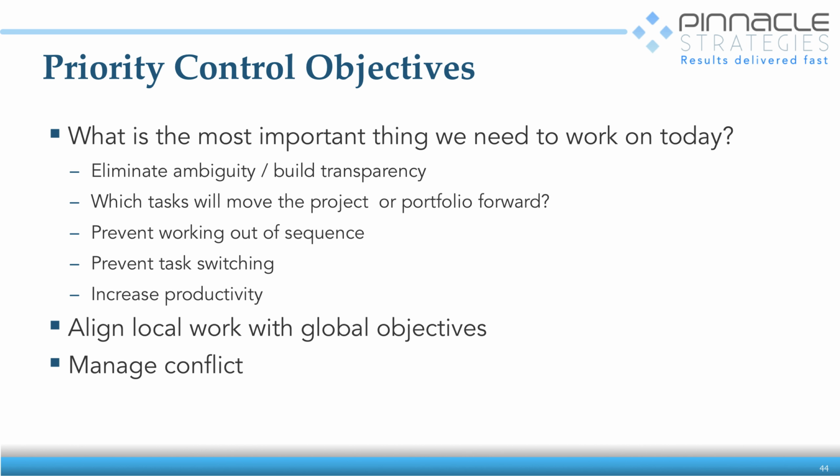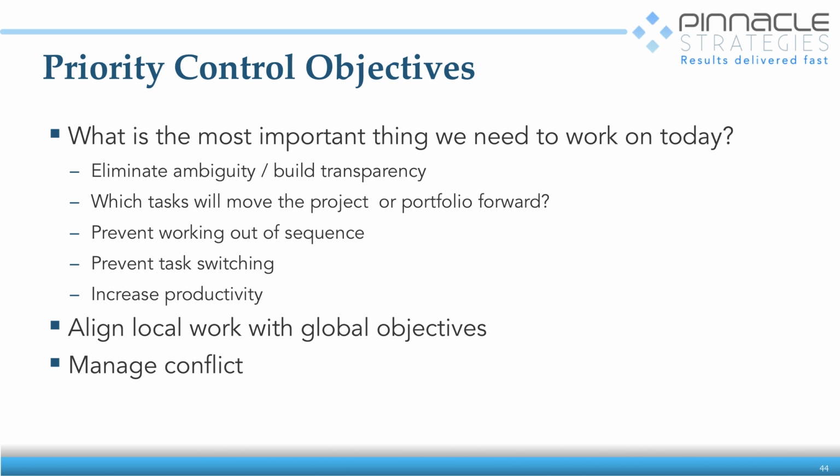What's the most important thing I need to do today? Or maybe today, in the next few days, right? To eliminate ambiguity, prevent people from working out of sequence, prevent task switching, and of course increase productivity. Again, from a big picture standpoint, we are aligning that local work with the global priorities.